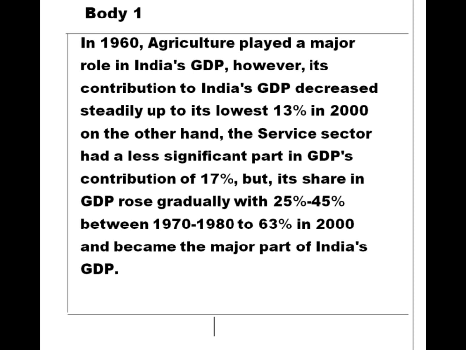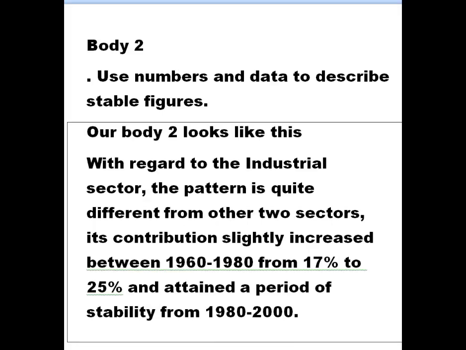On the other hand, the service sector had a less significant part in GDP's contribution, 17%, but its share in GDP rose gradually from 25% to 45% between 1970 and 1980 to 63% in 2000 and became the major part of India's GDP. We have completed writing body 1.